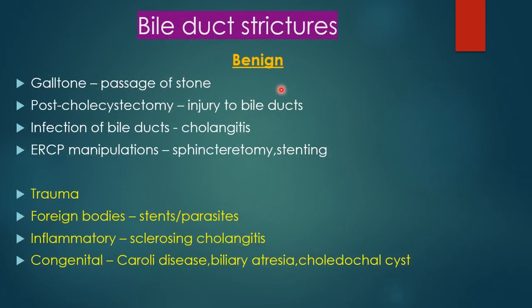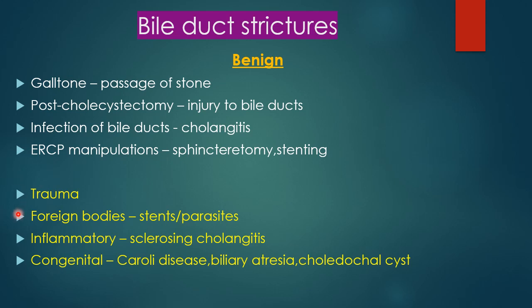Among benign strictures, the most common cause is the passage of gallstones. Other causes are post-cholecystectomy injury to the bile ducts, infection, post-infection of the bile ducts which is post-cholangitis, and today becoming common is ERCP manipulations such as sphincterotomy and stenting.